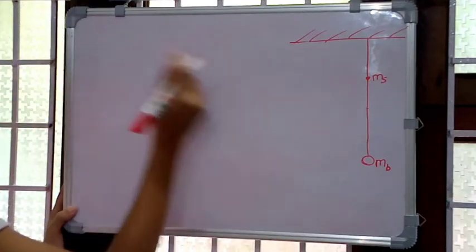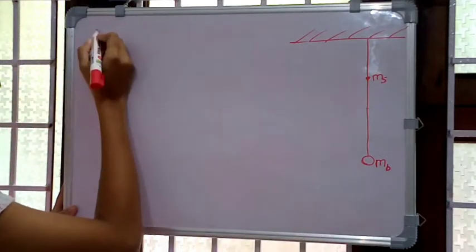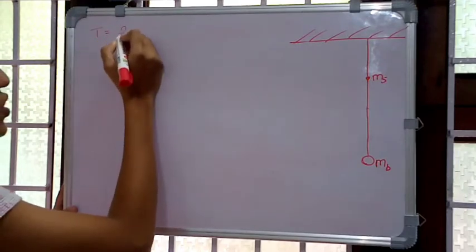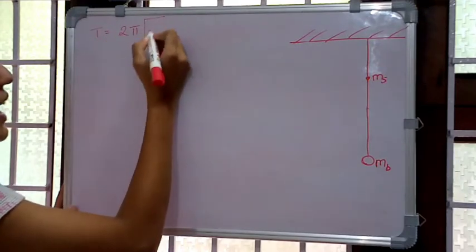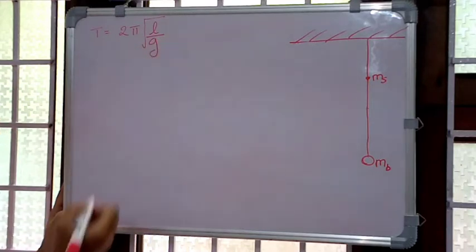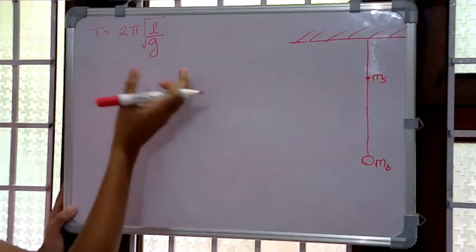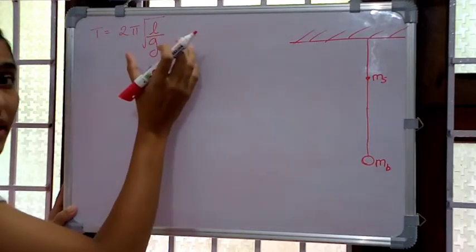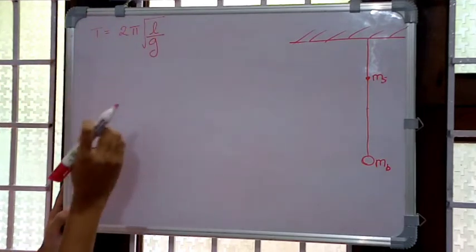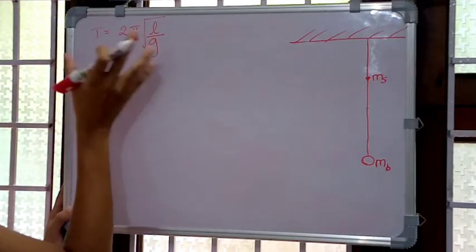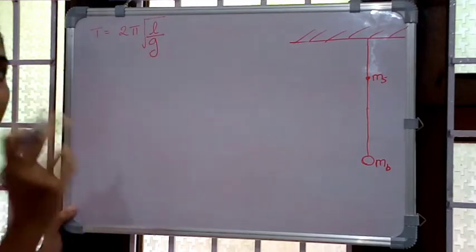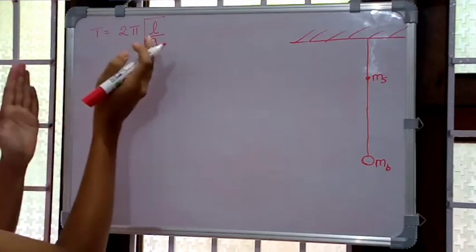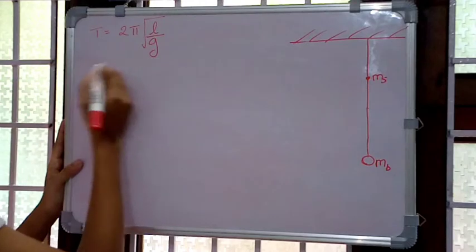We have learned the equation for the time period, that is T equals 2 pi root L by g, right? So we have to write this equation in terms of g first of all. For that, I am squaring both sides of this equation.